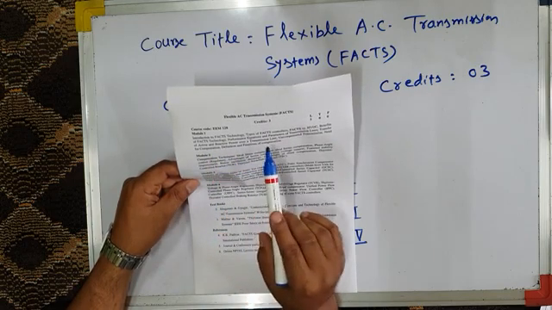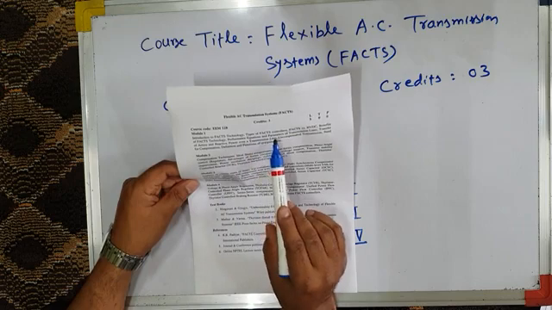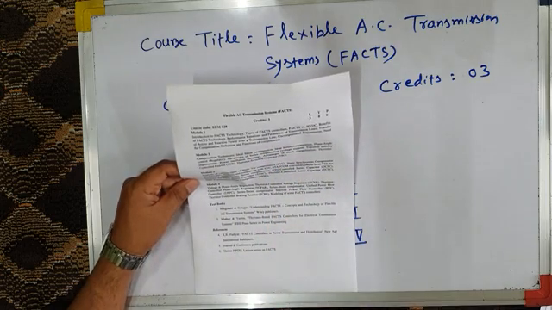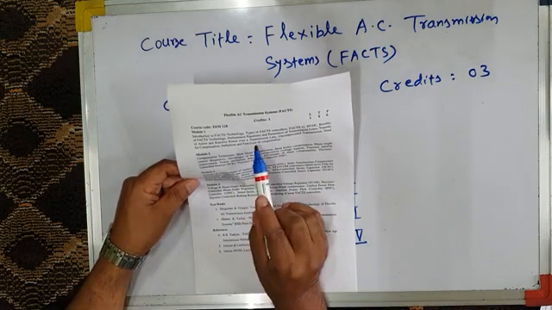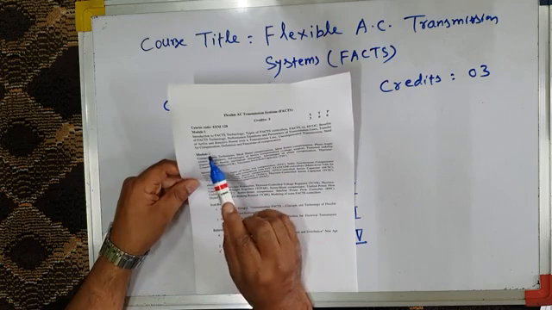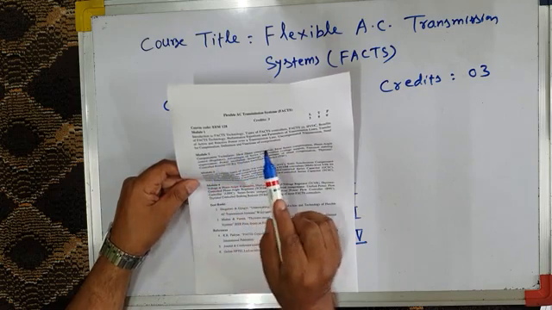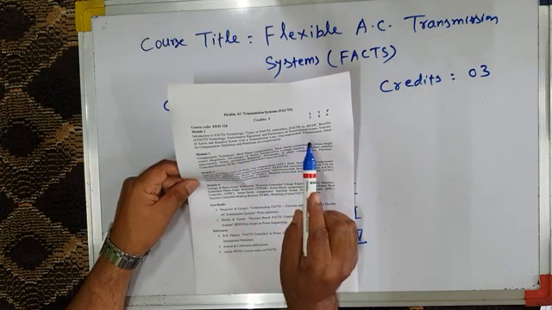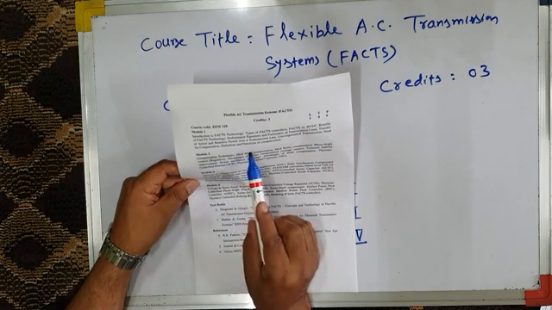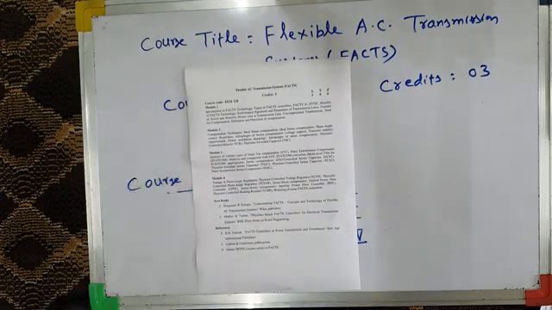Introduction to FACTS technology. Then types of FACTS controllers, FACTS versus HVDC, benefits of FACTS technology, performance equation and parameters of transmission lines, transfer of active and reactive power over a transmission line, uncompensated transmission, need for compensation, definition and function of compensation. So this is what we will be covering in module number 1.